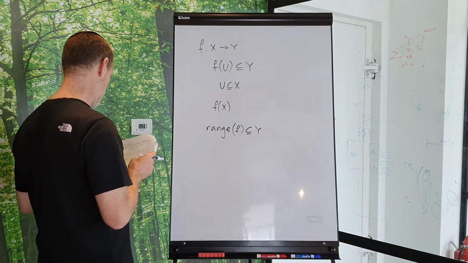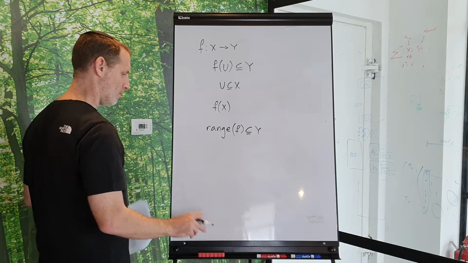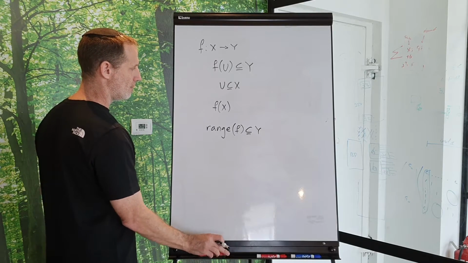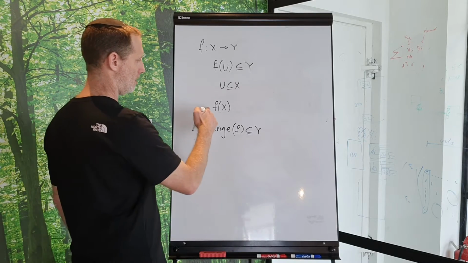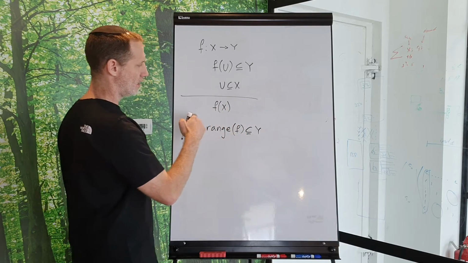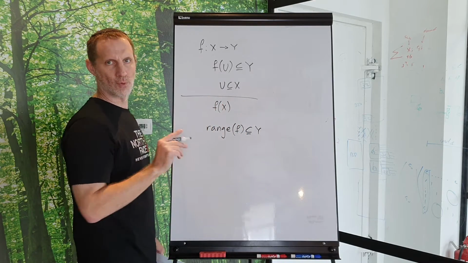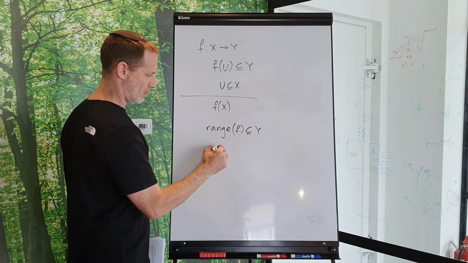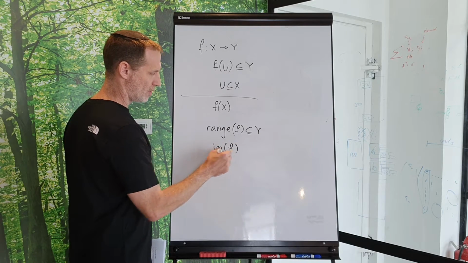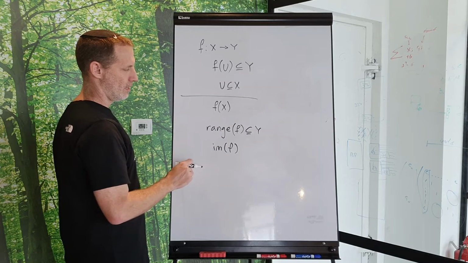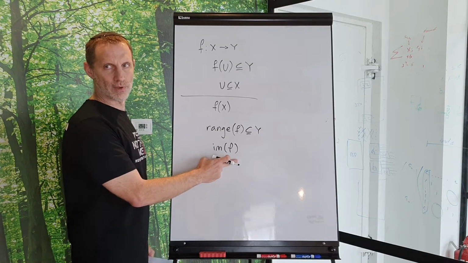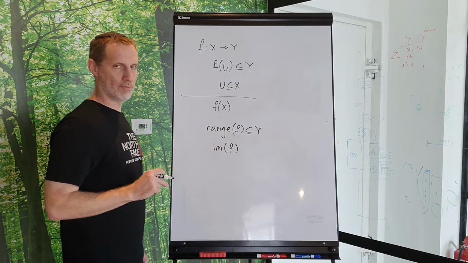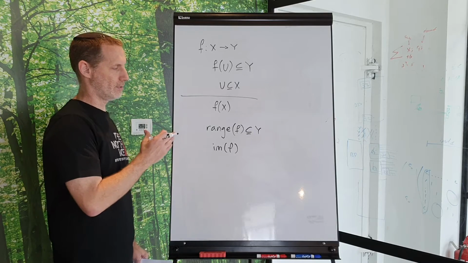We'll see that a lot of times this full image is also referred to as the image of F. And when you see this image of F, it would mean the full image, or the range.